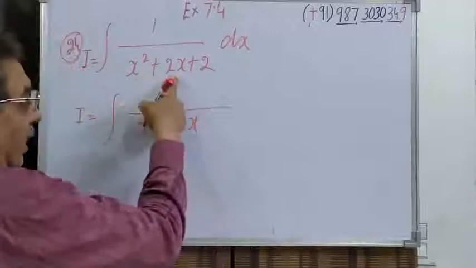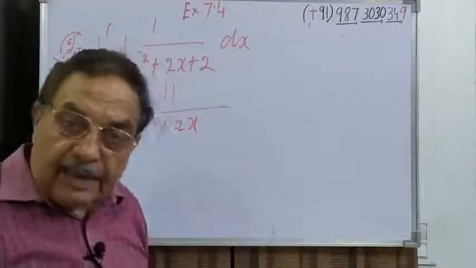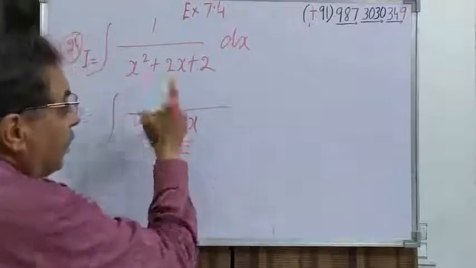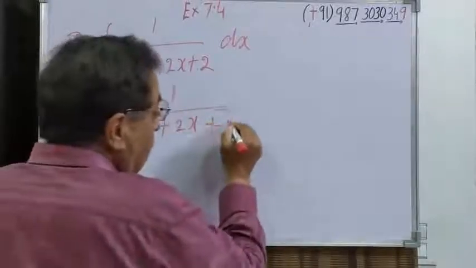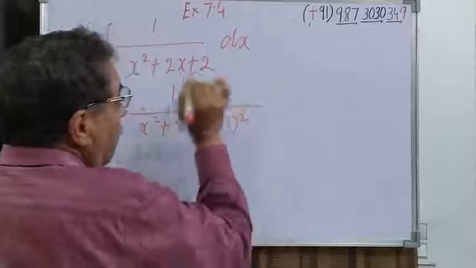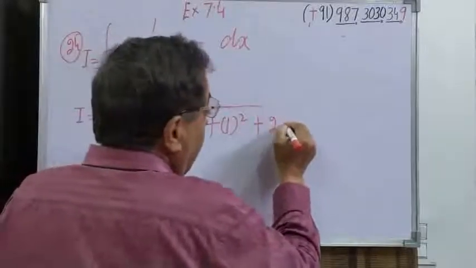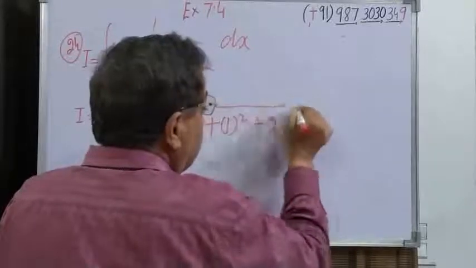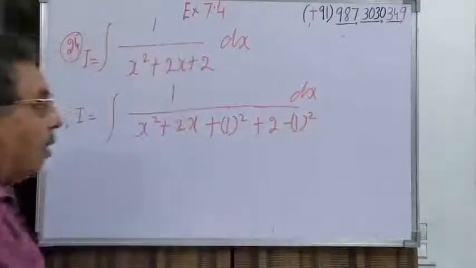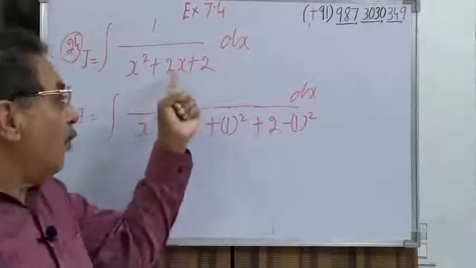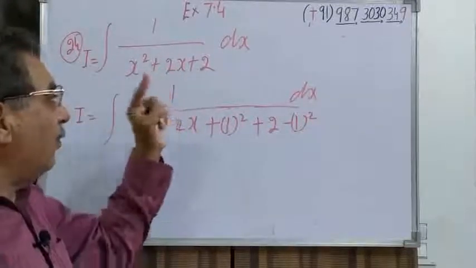Look at x square plus 2x. Look at the coefficient of x, and that is 2. Make it half of it. Half of 2 is 1. Make it square, and also subtract the square of 1. That is, I am taking half of the coefficient of x, the coefficient of x is 2, make it half, 1.